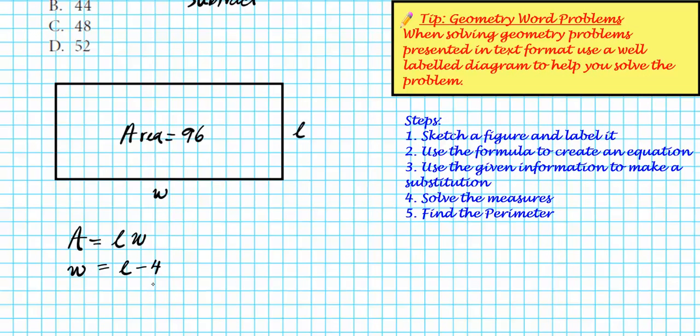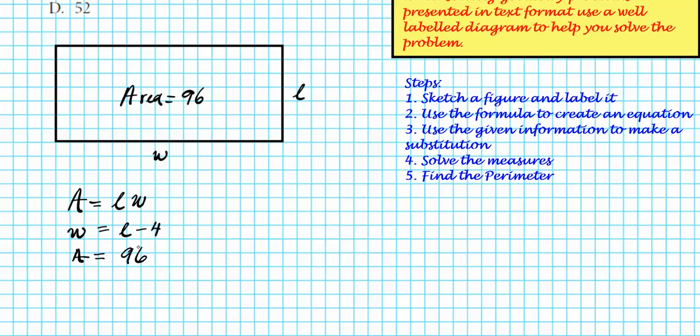All right, so now let's state another fact. We also know that the area is 96. So what I'm going to do is substitute their values into equation 1.